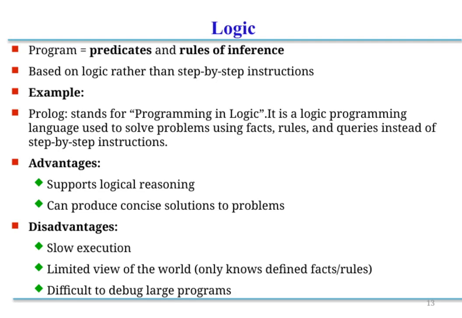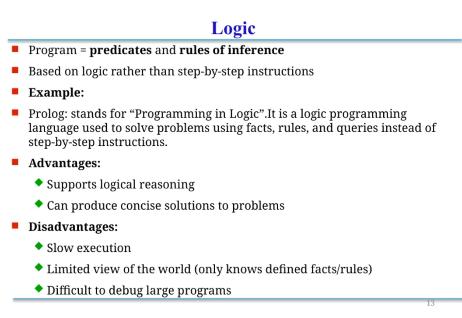So, when we talk about a program, we're essentially referring to a set of predicates and rules of inference. Unlike traditional programming, which relies on step-by-step instructions, logic programming is based on formal logic. This means that instead of telling the computer exactly how to do something, we specify facts and rules, and the system figures out the solutions through logical reasoning.